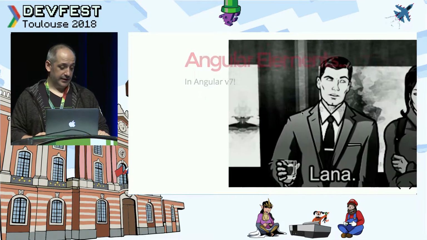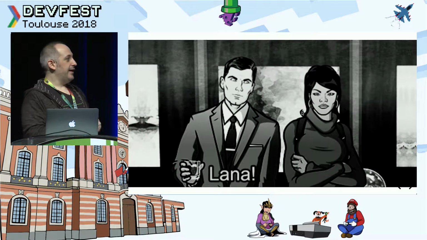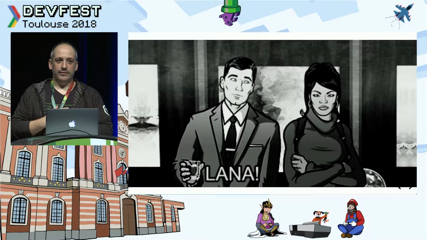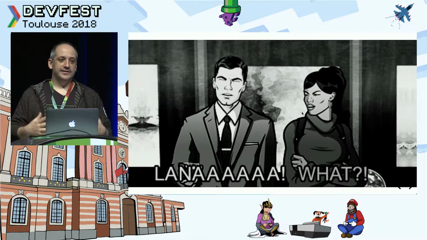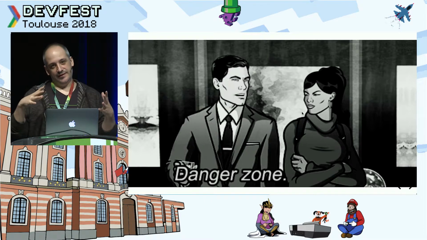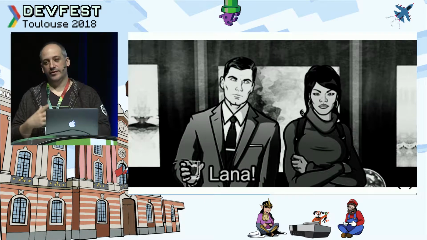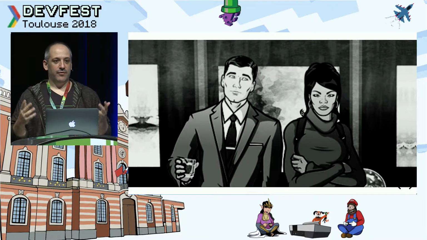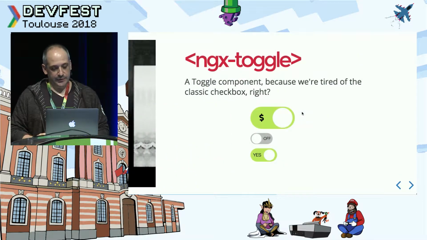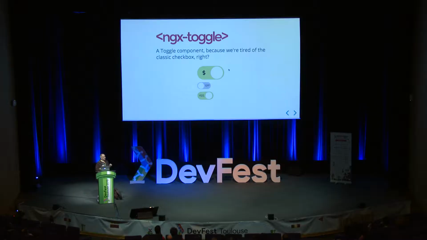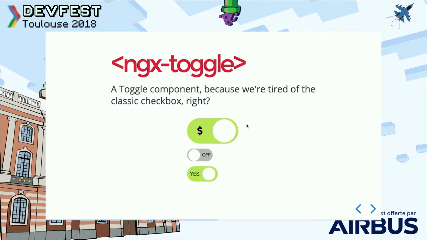But before we start, danger zone. I want to insist it's working. Angular elements is working, but depending on what you want to do, it might not fit for what you are doing. So the example of today is going to be ngx-toggle, because we are tired of the checkbox, right? So this toggle is going to be very, very easy.